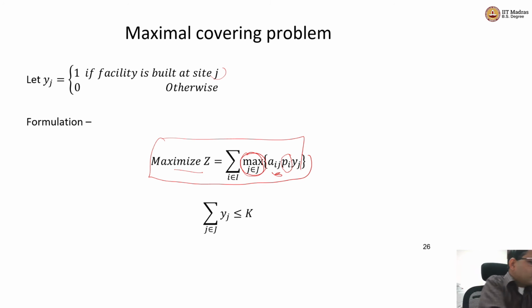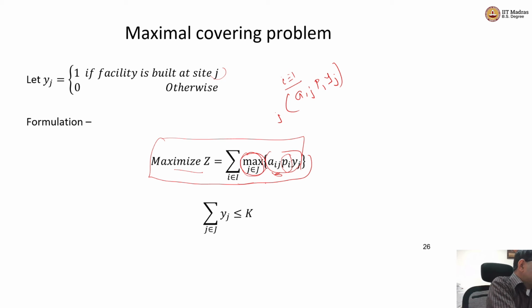So how will that work out? How will this constraint look like? So let us say that i is 1 first. For i equal to 1, how will these variables look like inside? So it will be A1j, P1, right, and Yj. And then this is true for all j's, right?